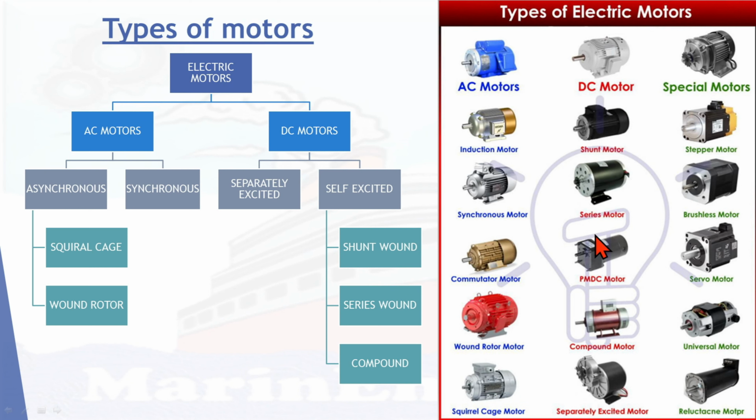DC motors, again, shunt, series, permanent magnet DC motors, compound motors, then special motors like the stepper motors, the governor control motors, the brushless motors, then the universal motors. Okay, so then we'll move first to discuss AC induction and synchronous motors.